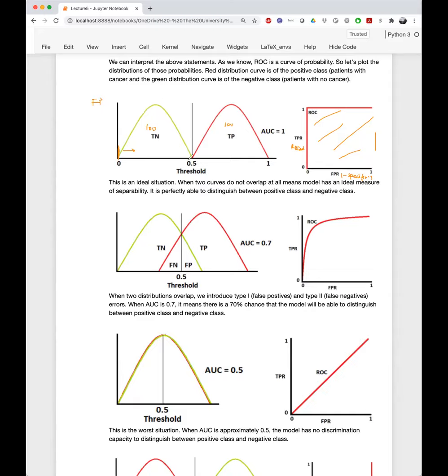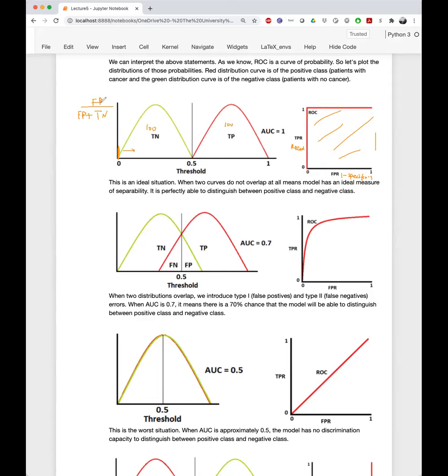So the area for this green curve is 100. The area under the red curve is 100. So now let's look at the false positive rate. Remember that we can use 1 minus specificity. That depends on you. So let's use false positive rate plus true negative rate.